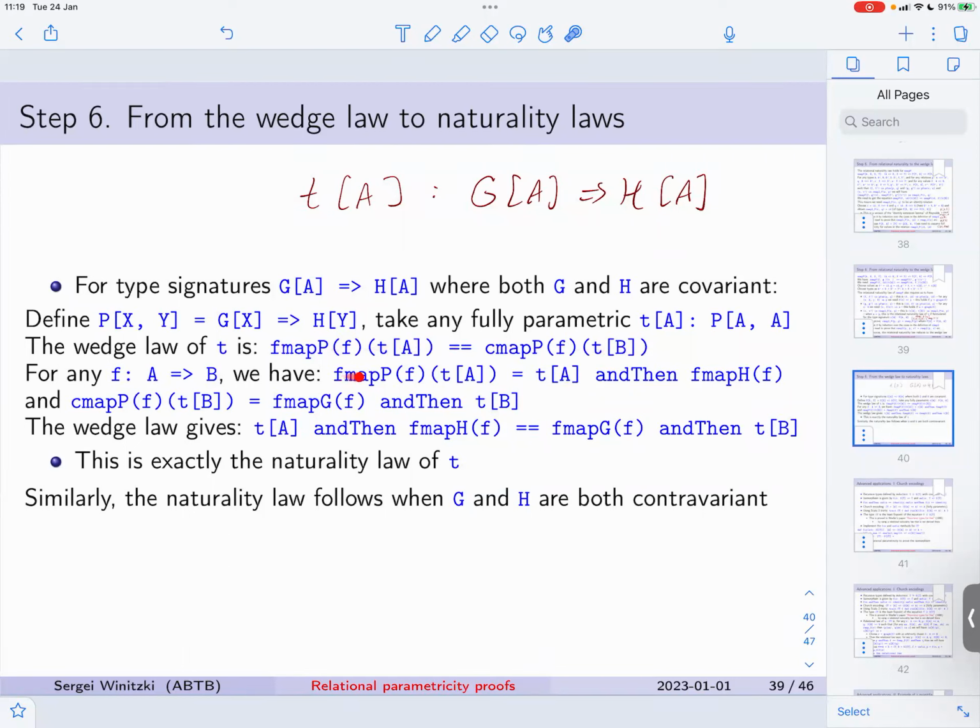And then if we write out what F map P and C map P are, then you get this for this function type. So then the wedge law is written like this. And that's exactly the naturality law of T, telling us that T followed by F map is the same as first doing F map with this and then following it by T. So that's the derivation.